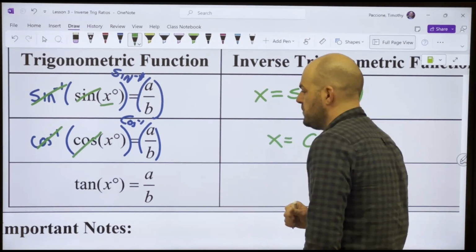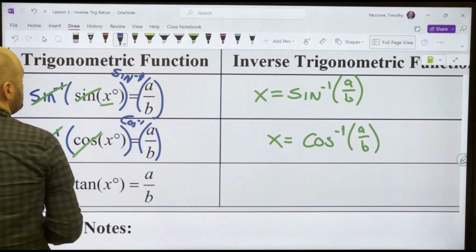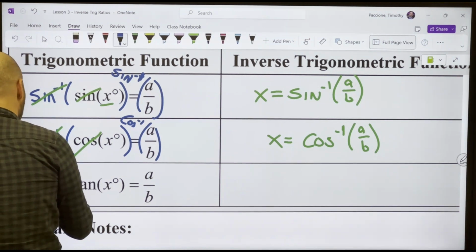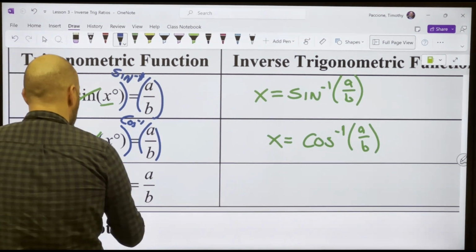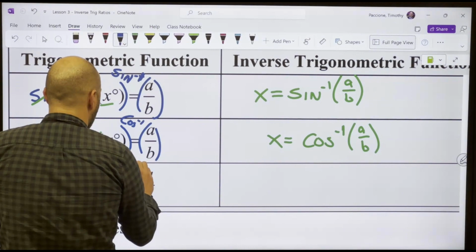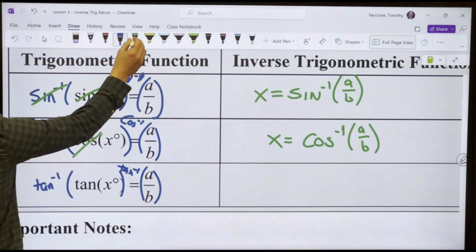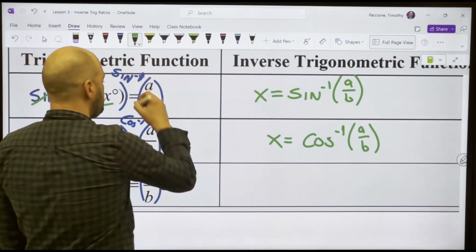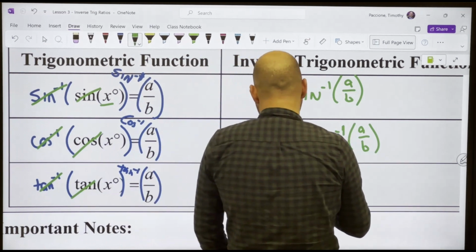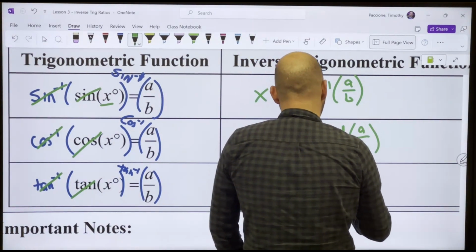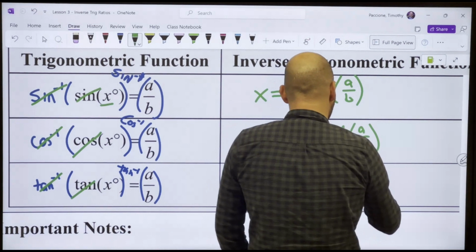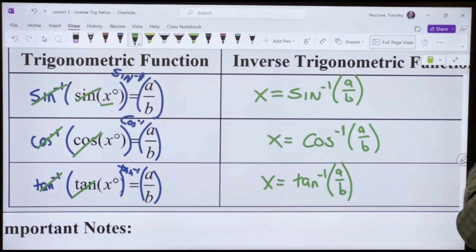And what do you think is going to happen for tangent? The exact same thing. Tangent to the negative 1, both sides. Cancel, cancel. And I get x equals tangent to the negative 1 of my ratio, whatever those sides are divided by each other. Okay?